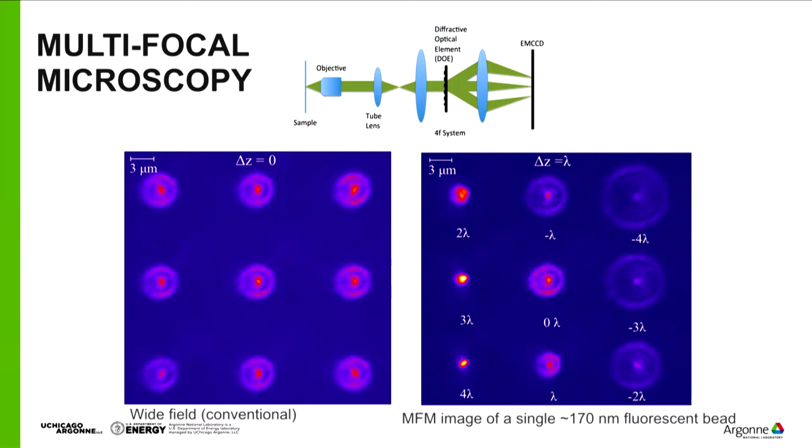So you get these out of focus images of the bead. And you might say, well, what use is that? Well, if you go back to what we talked about, depth from defocus, these out of focus images actually give us information about the depth. So somehow encoded in the size of these rings is exactly where in the 3-dimensional volume that bead is. And so in a single snapshot, we can image, say, a bead here.